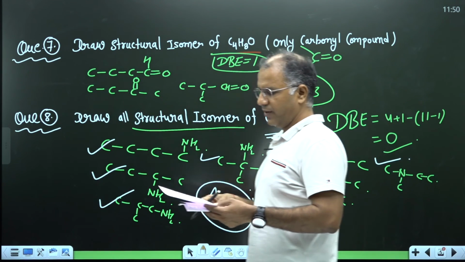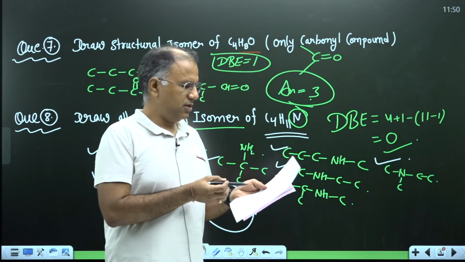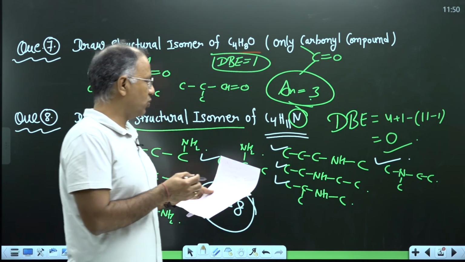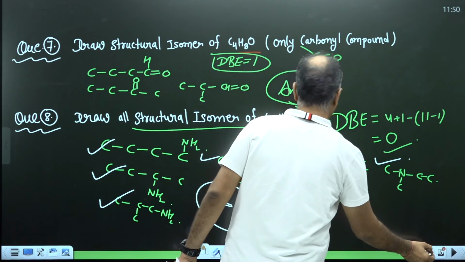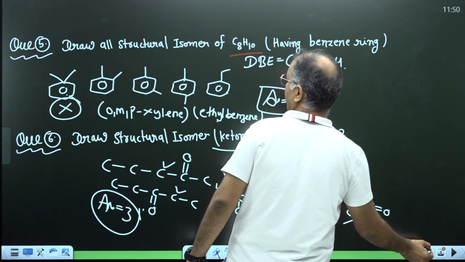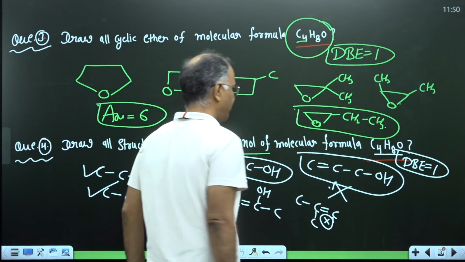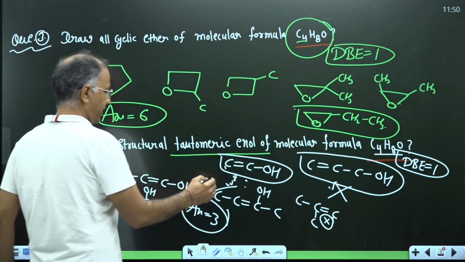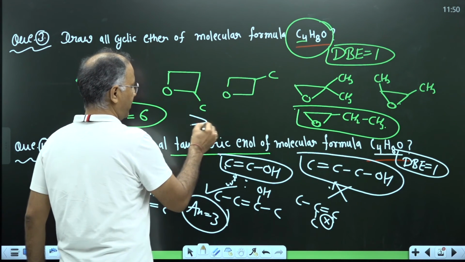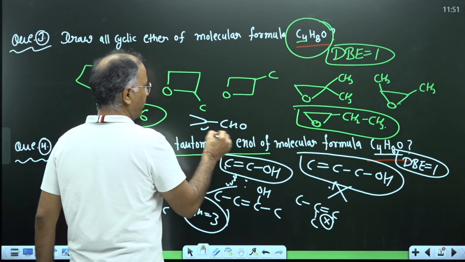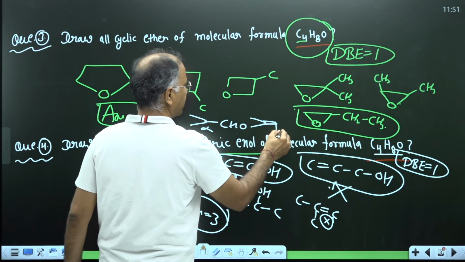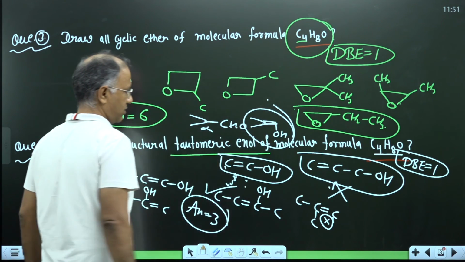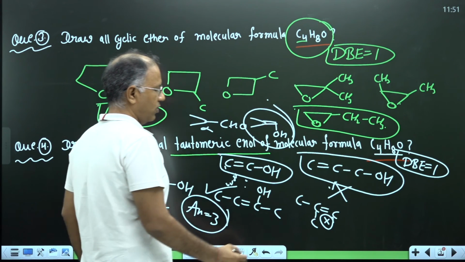Now one of my colleagues, who is watching the class, told me that the answer of that tautomer question is 5. And which isomer was I missing? I was missing the aldehyde. This means we have to draw this aldehyde. The tautomer of this aldehyde is this. What was I missing?